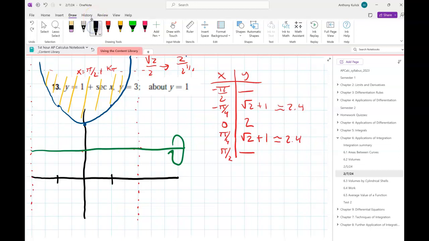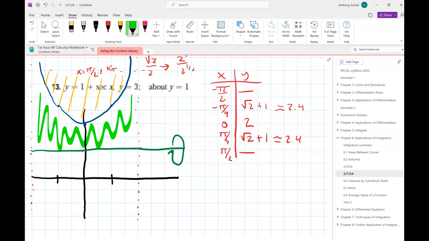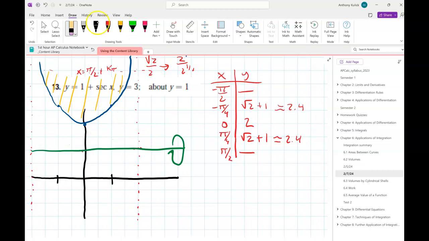Yeah, no problem. Okay. So, the shape here of the cross section, clearly discs or washers, right? We can see that easily because there's a gap in between the shaded area and the axis of rotation, right? Anytime I have any gap there, that's going to be the case. So I have an R inner and an R outer.